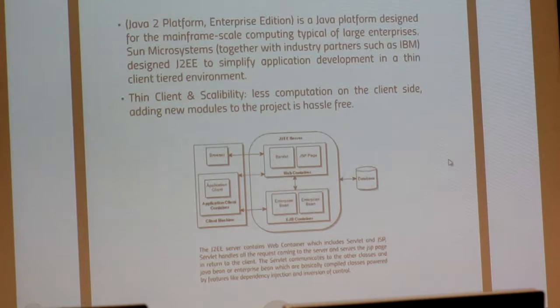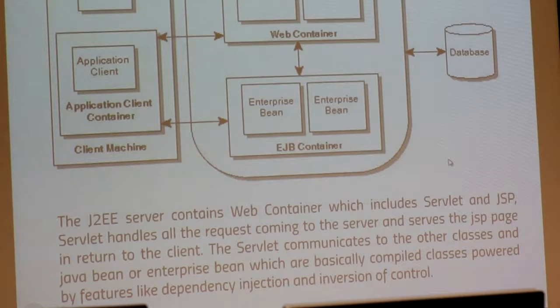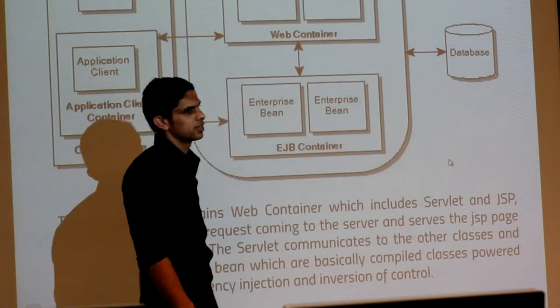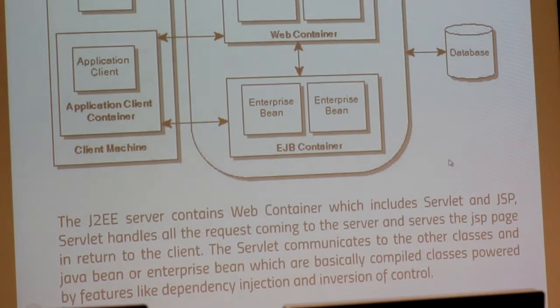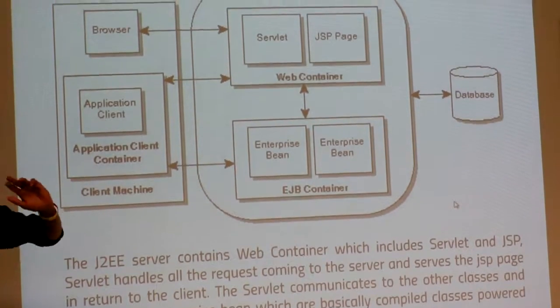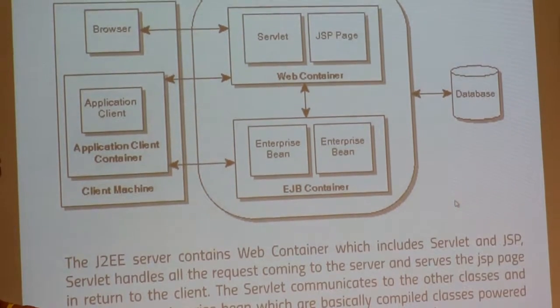I actually added some details here which weren't present in the last slide. So this is basically what the structure of J2EE looks like. We don't have the database part. Instead, we are using files to read the data from. But we have the web container, the servlet, the JSP page, and instead of enterprise beans, we are using Java beans.